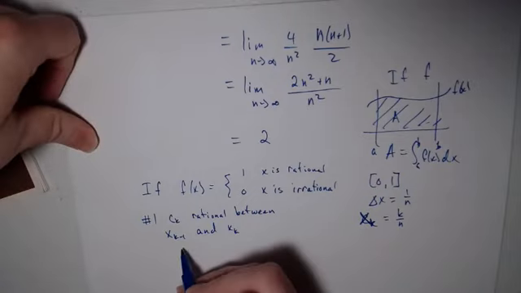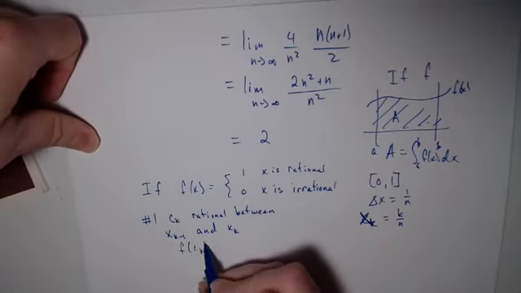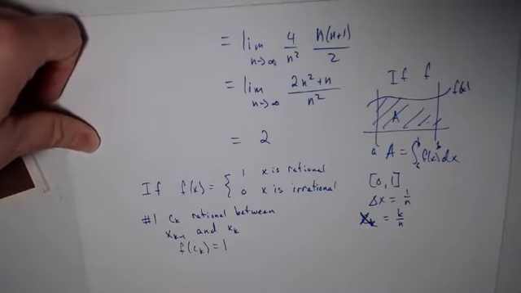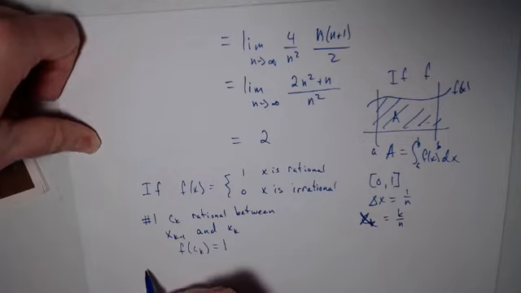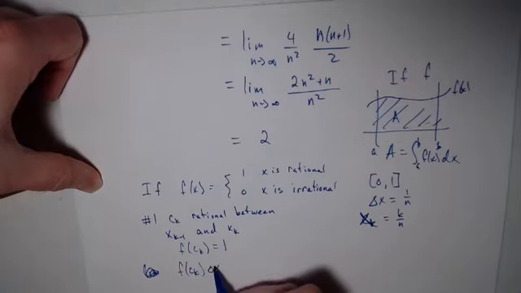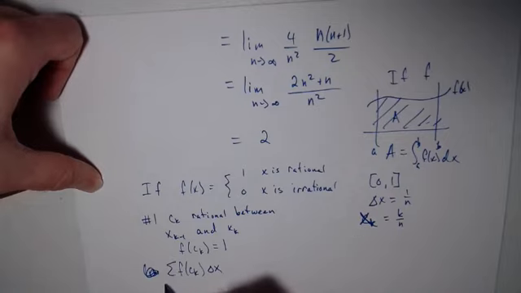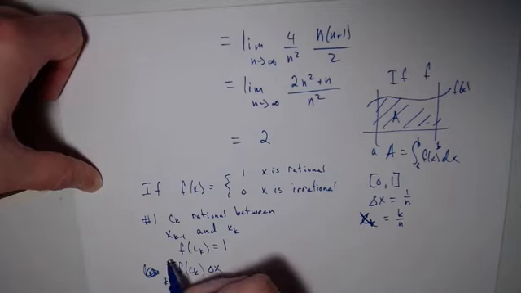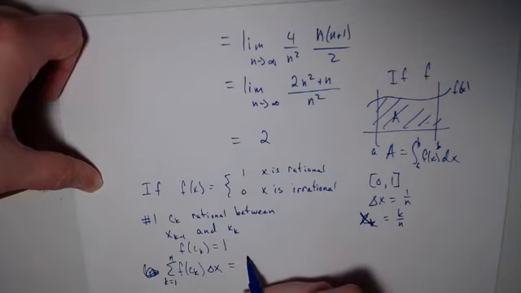But in this case, f of ck is always 1, and so the sum of f of ck times delta x as k goes from 1 to n is always going to be 1.